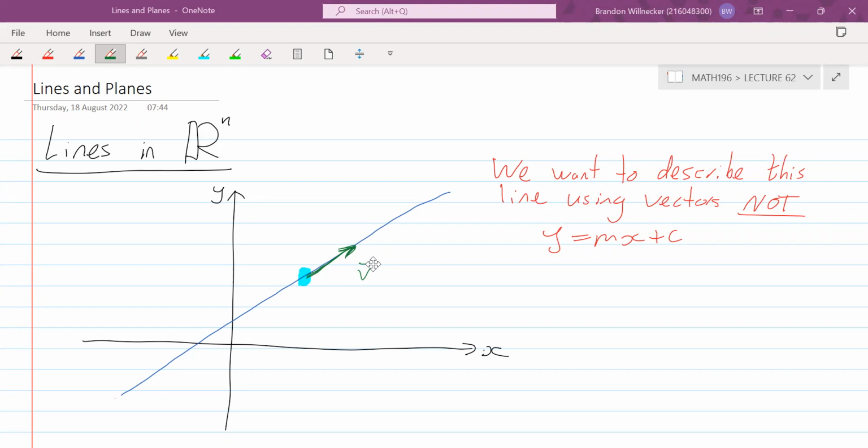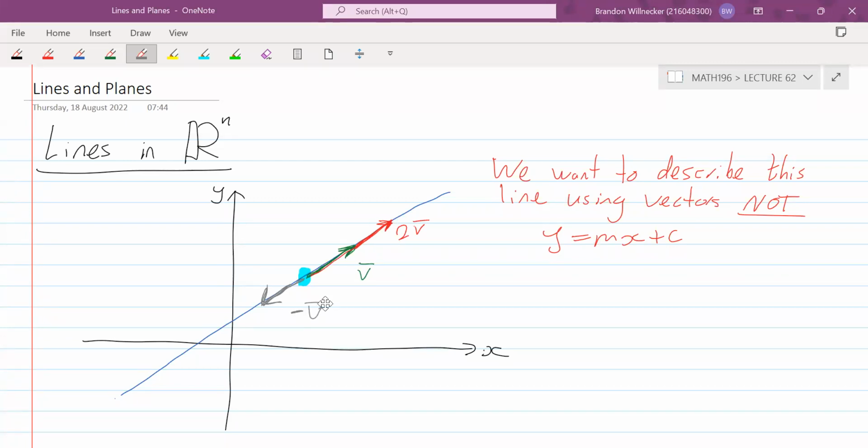So if we look at the vector 2v, it's going to be something like this.